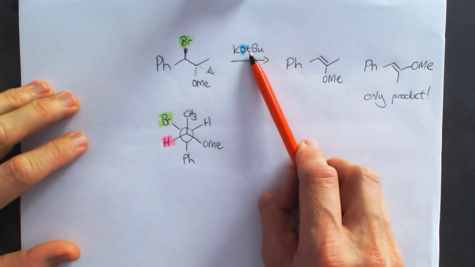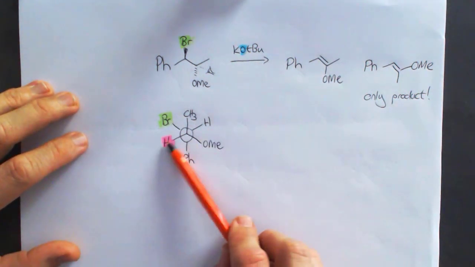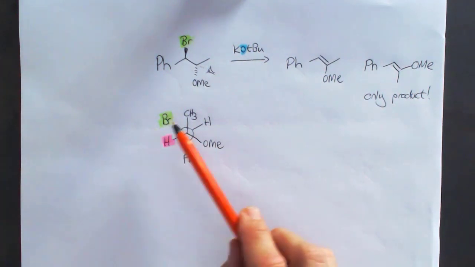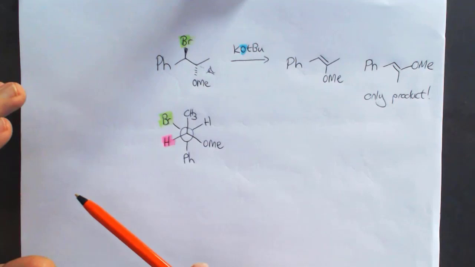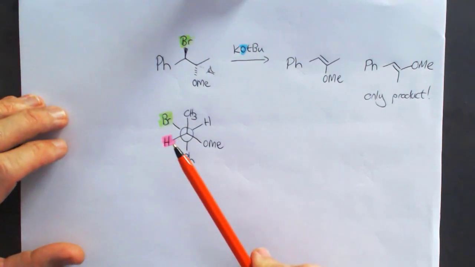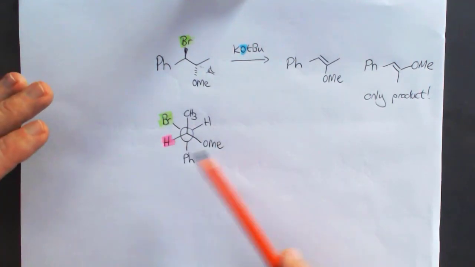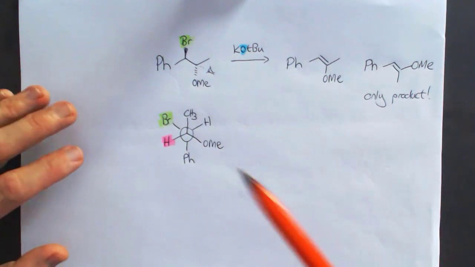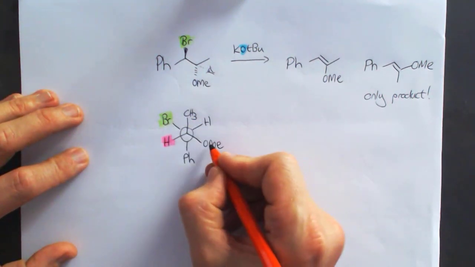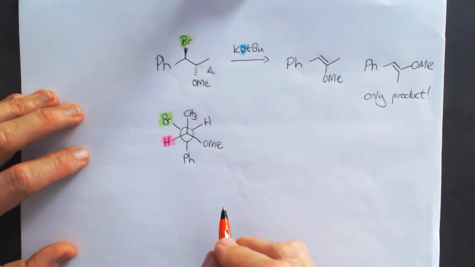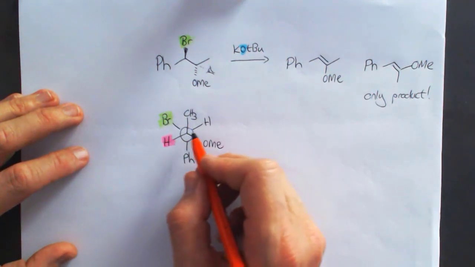It doesn't matter that we've got a good, strong, bulky base. It doesn't matter that we've got an alpha beta hydrogen, which is beta to a leaving group. In this conformation over here, which is the preferred conformation, make no doubt about that, the bromine and that together, the OMe and the phenyl are together like that. This is absolutely fine.